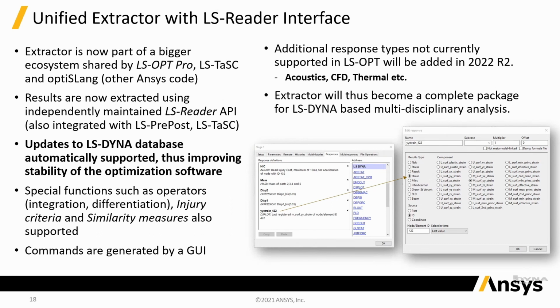In some respects OptiSlang is more sophisticated in certain areas, whereas LS-OPT provides more sophistication in other areas. So at the moment, there's some integration between the 2 where we've exchanged technologies, and this is likely to continue to some degree wherever possible.